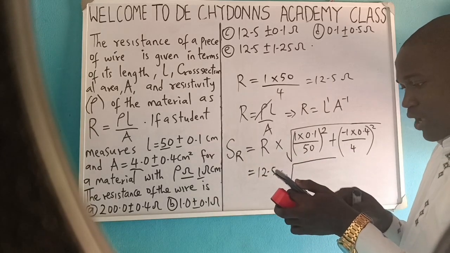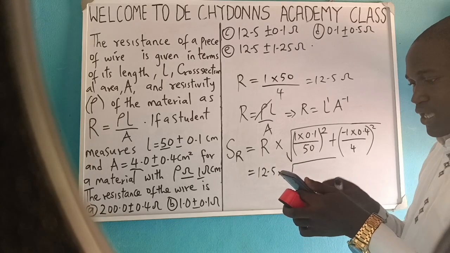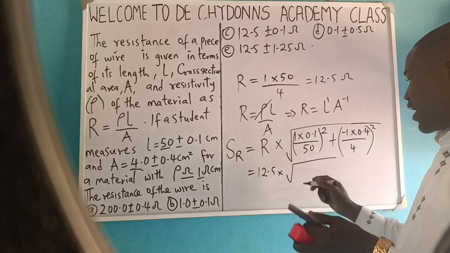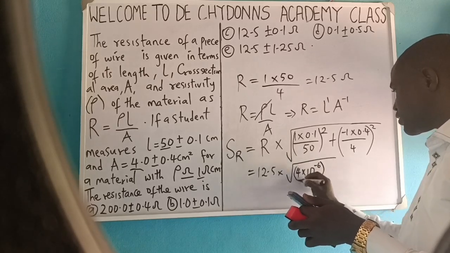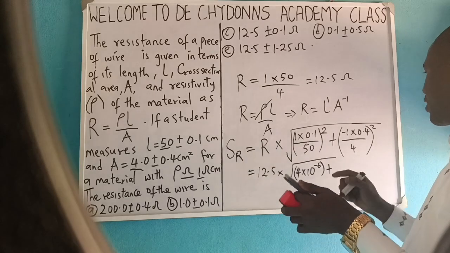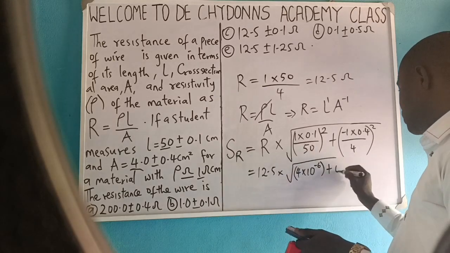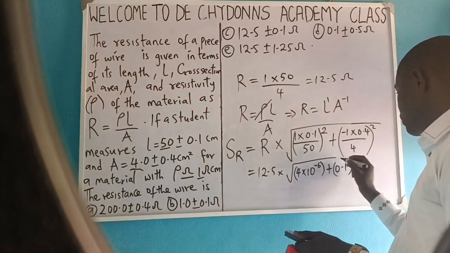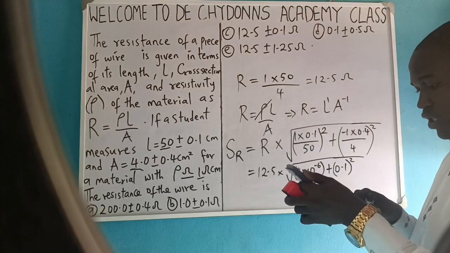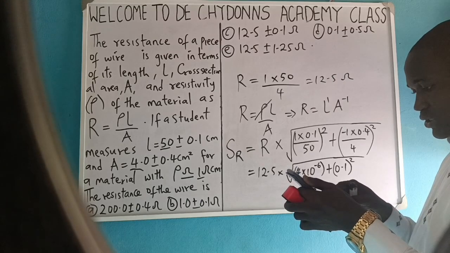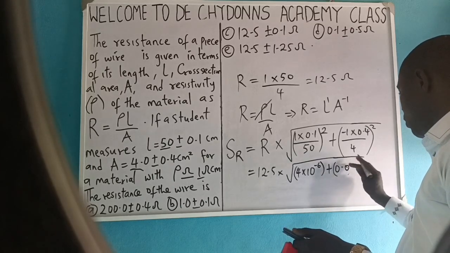We have 0.1 divided by 50, then we square it. We'll have 4 times 10 raised to the power of minus 6, plus, we sort out this, 0.4 divided by 4, that is 0.1, all raised to the power of 2. So 0.1 squared is 0.01.